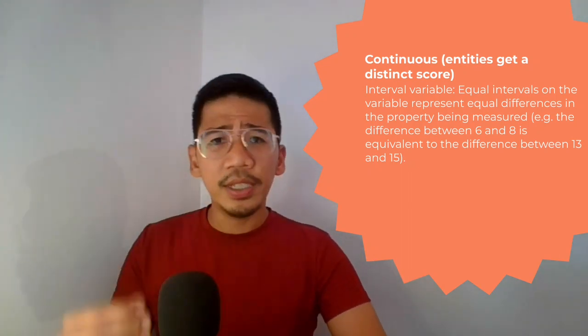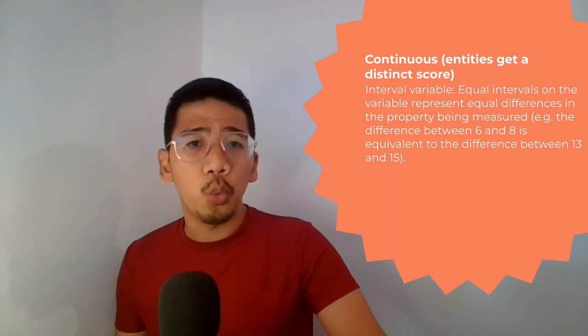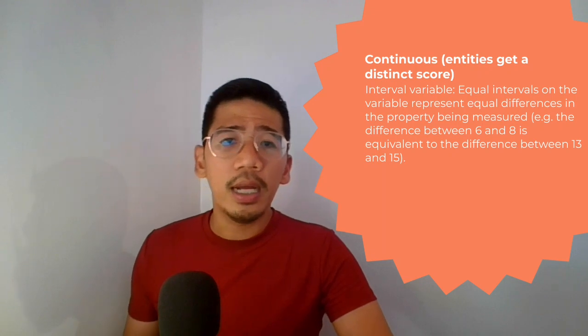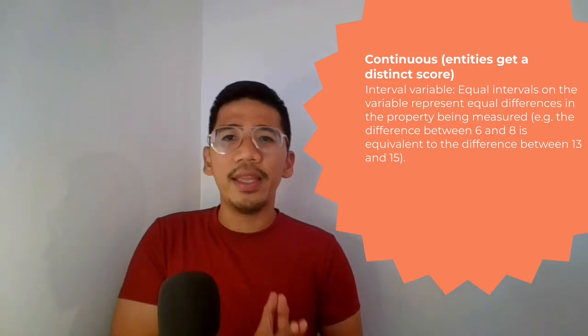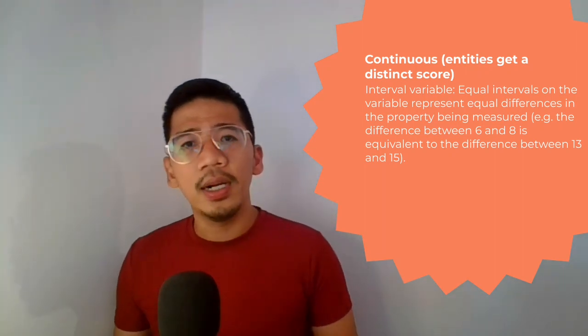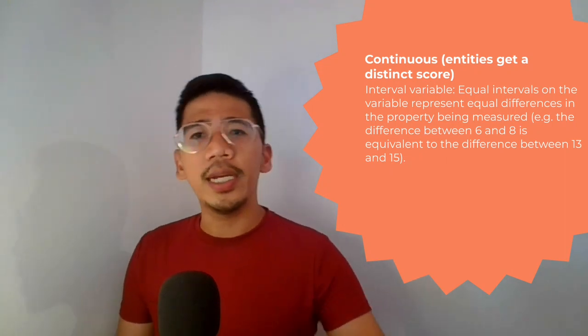Similarly, the difference in product quality between ratings 1 and 3 should be identical to the difference between ratings of 3 and 5. Variables like this that look like intervals and are treated as intervals are often actually ordinal.